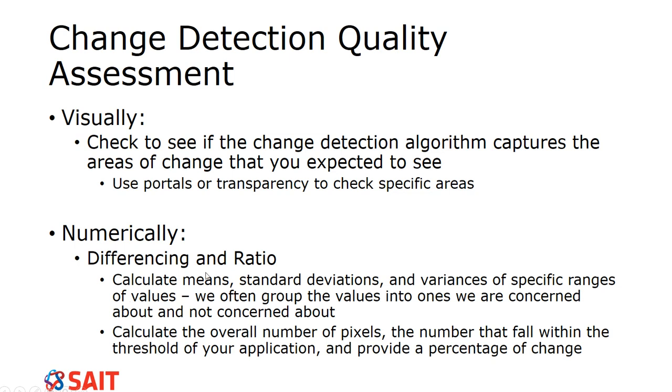Then numerically, if you're doing differencing and ratios, you actually need to have a numerical analysis. You can give means, standard deviations, and variances. That's a normal statistical analysis. You can also calculate the overall number of pixels that fall within a particular value. You can have a threshold and percentages of change.